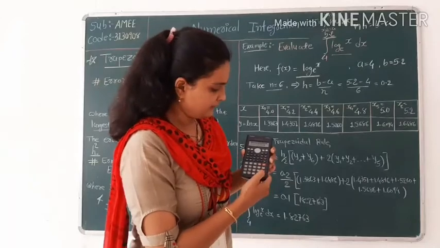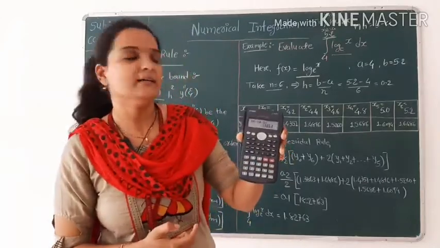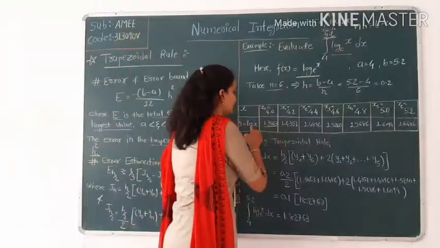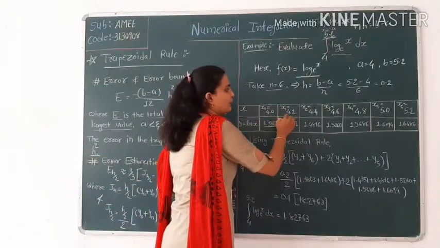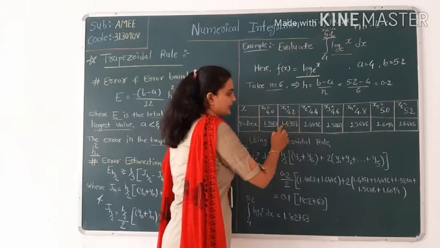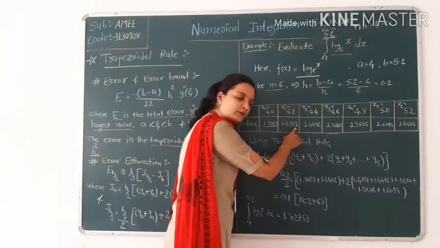4.0, which gives the value 1.3863. Same way, next value ln 4.2. In the calculator same way we find 4.2, so it gives 1.4351.